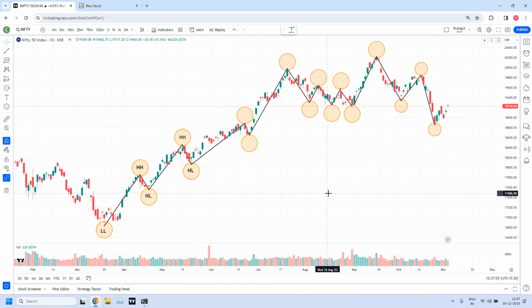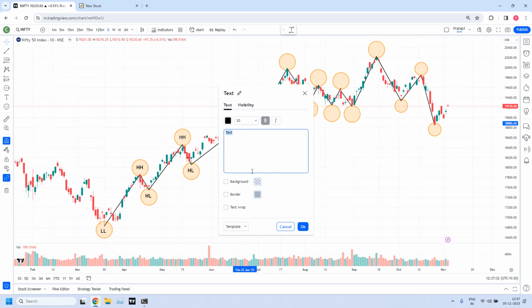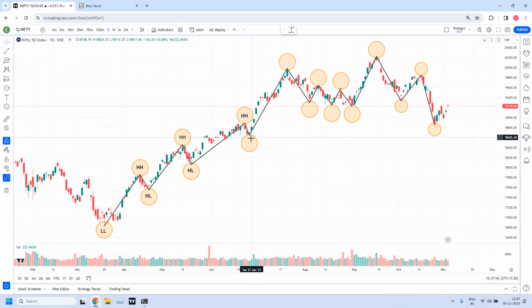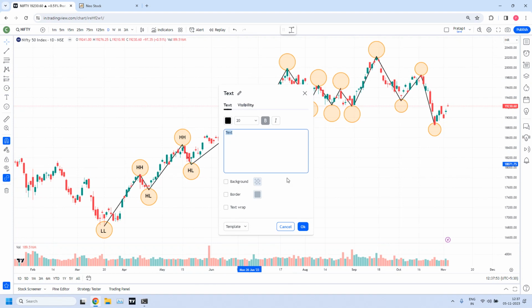This is a higher high. And what about the next low? This swing low is a higher low. So HL.